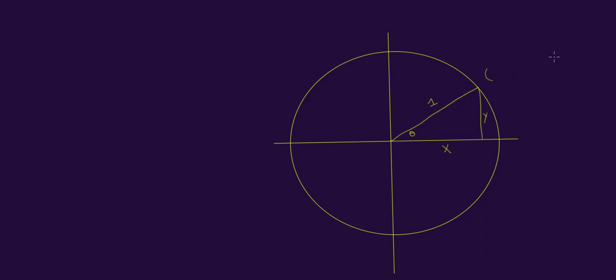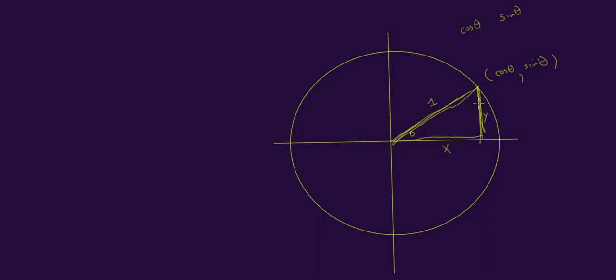So notice that any coordinate on a circle with radius 1 would have the cosine of the angle being the adjacent over the hypotenuse. So x would be cosine of theta. And then your sine of theta would be the opposite over the hypotenuse. So your y-coordinate would be sine of theta.